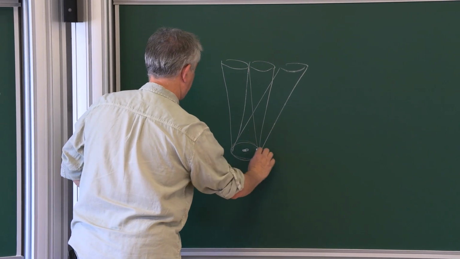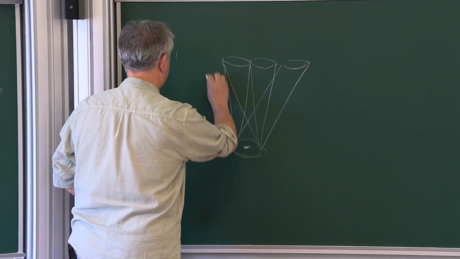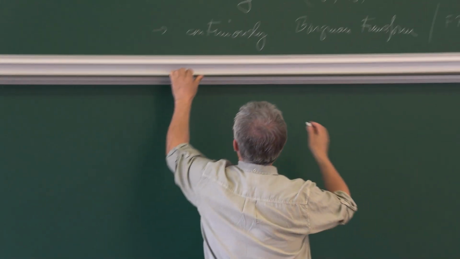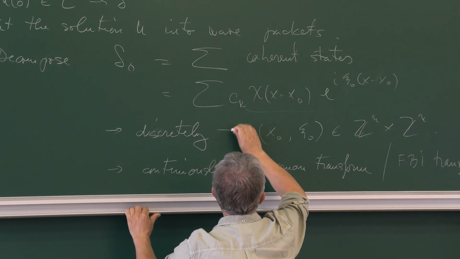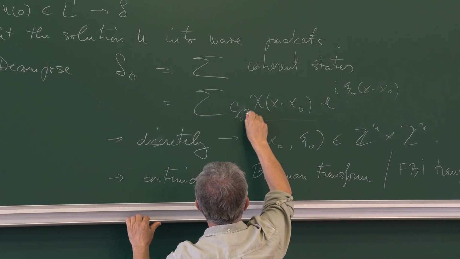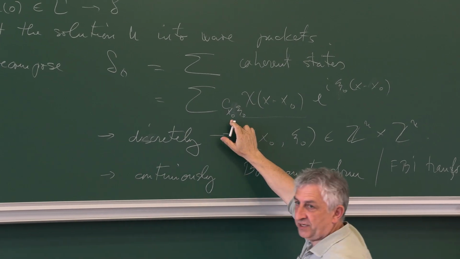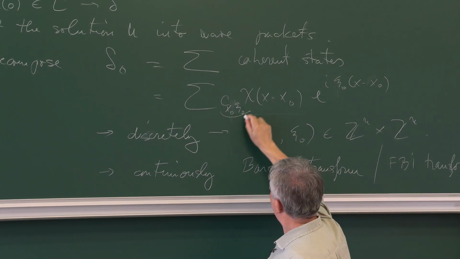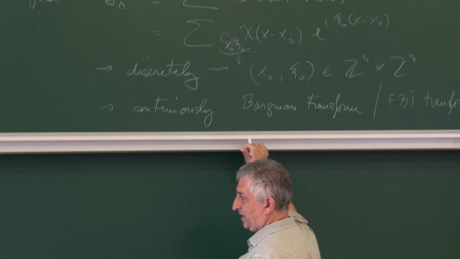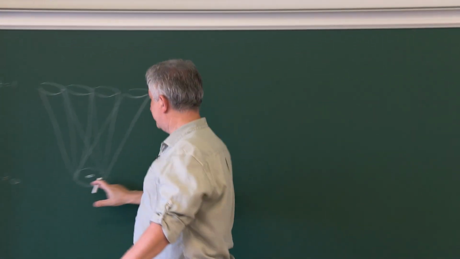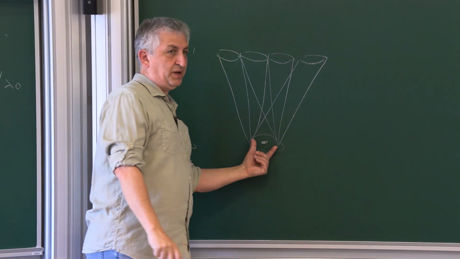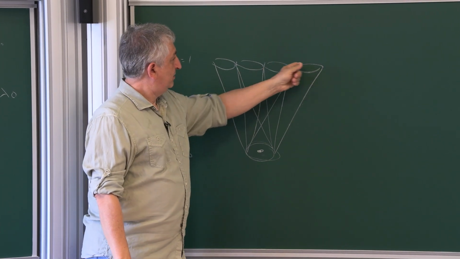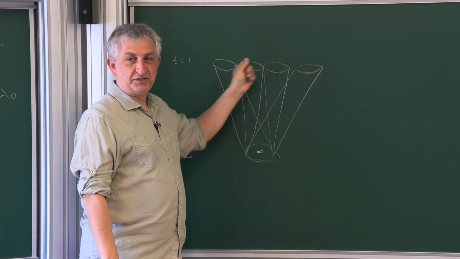All right, and so if here I put some coefficients, c x naught psi naught, then all these coefficients will have size 1. All of my wave packets will have size 1. And so I start with the Dirac mass at the initial time, which is the sum of these bumps on the scale 1. And then at time 1, I get a sum of bumps, but now these bumps are separate.